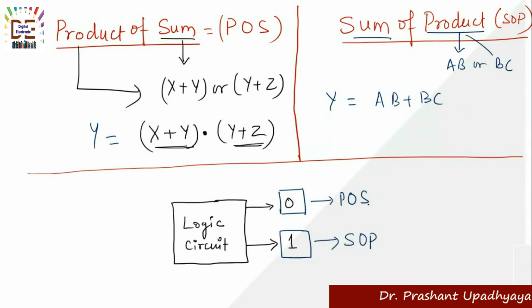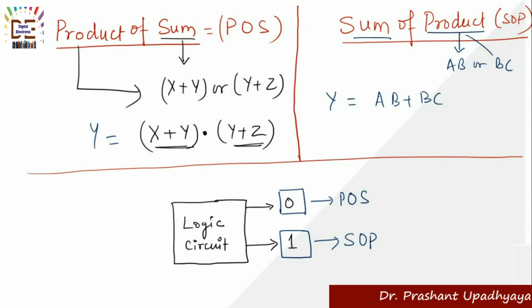So if I change POS, I take the reverse of it, I just rotate it, and it becomes SOP. If I take the complement of 0, it becomes 1, and when I take the complement of 1, it becomes 0. If you see the names POS and SOP, just reverse it. POS can become SOP.